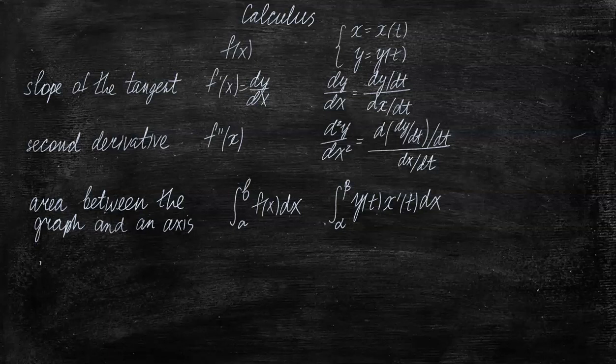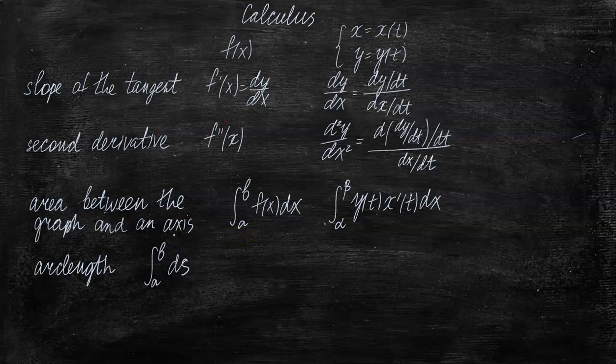We also know how to find the arc length. The formula for the arc length was actually quite simple in general, so let me put it here on the side.